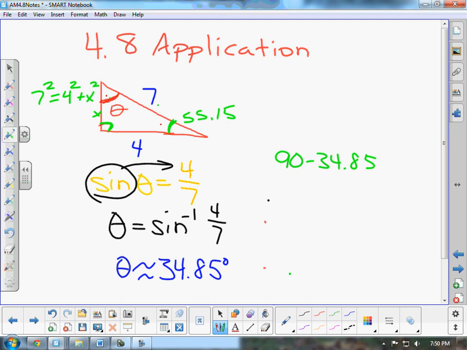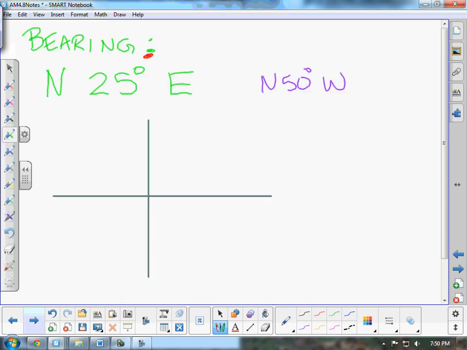Now, one other part of this section that you're going to deal with is bearings. You have to understand directions. North is this way, south is that way, and then we spell we for west and east.